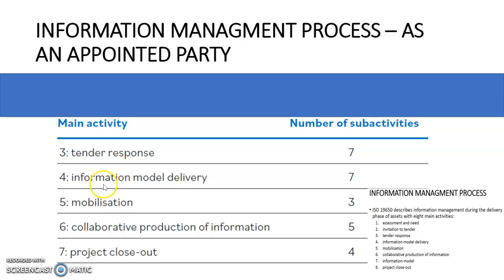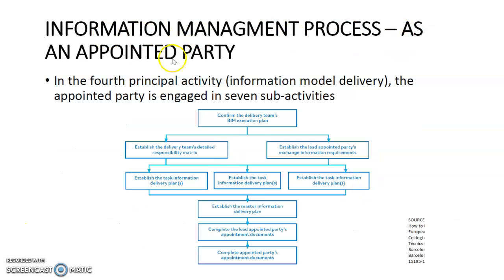During the information model delivery phase, the appointed party has again another 7 responsibilities to undertake. And let's take a look at these 7 responsibilities. The appointed party will need to confirm the delivery team's BIM execution plan.